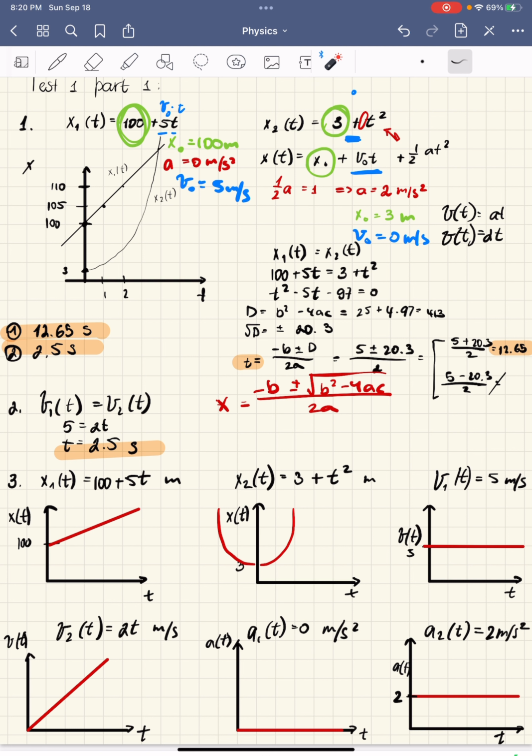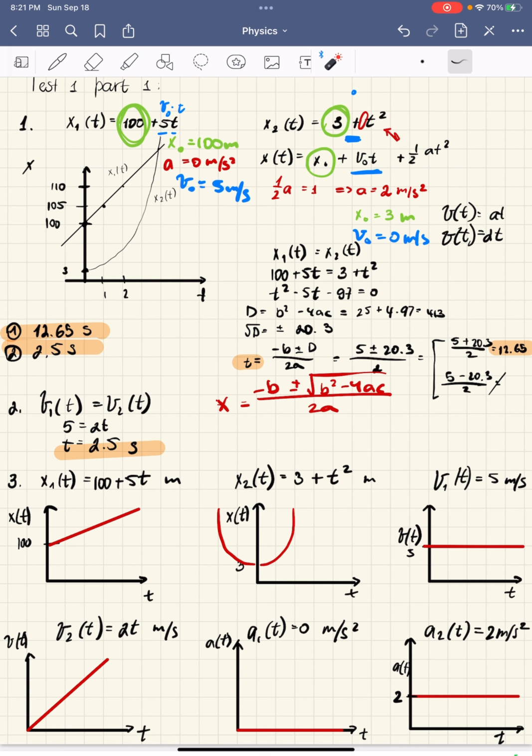And we already found here that for the first object, v1 is v initial, right? Here means v initial. So we already found that v initial for the first object is 5 meters per second. So we plug it in here. But for the second object, we have to solve this equation now.